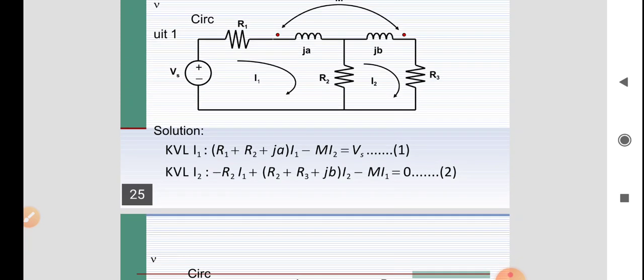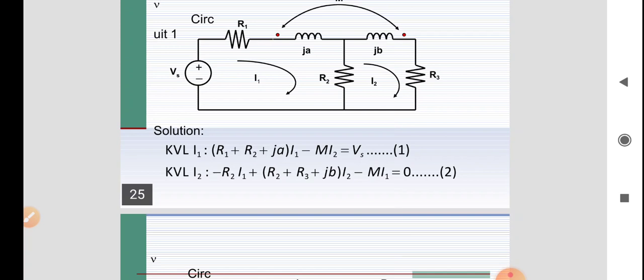Coming to the dot, here in the second loop the current is flowing from coil to dot. That is, the reference current is now coil to dot, but the opposite current is flowing from dot to coil.